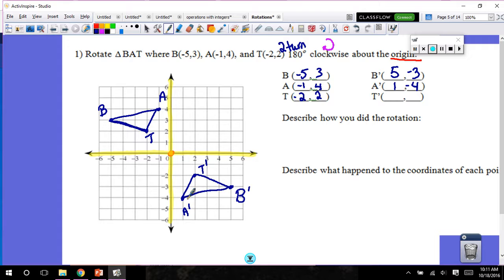Again, a straight edge works nice for this. Do you have a straight edge handy? Yes. Should be a triangle. It's a triangle. 1, 2, 3.